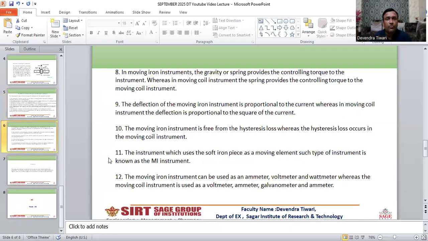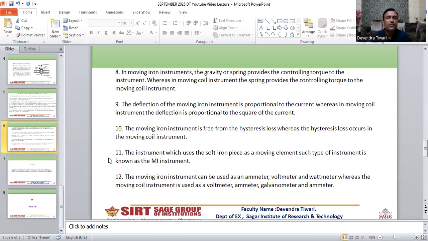Next difference, in the moving iron instrument, gravity or we can say a spring provides the controlling torque to the instrument. Whereas in the moving coil instrument, the spring provides the controlling torque to the moving coil. The deflection of the moving iron instrument is proportional to the square of the current, whereas in the moving coil instrument, deflection is proportional to the current.